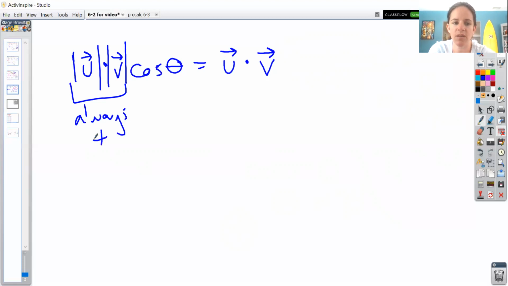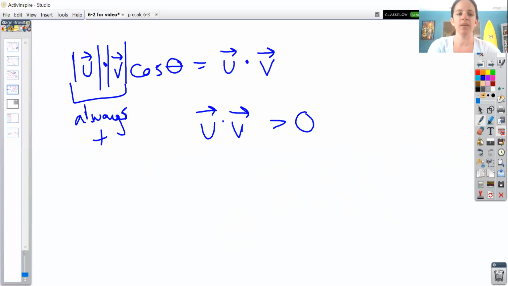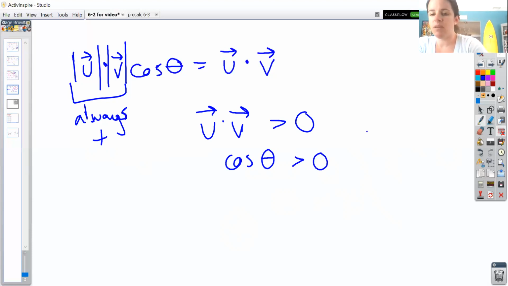So I can actually just look at the sign of the dot product, and that'll tell me some information about the angle. If u dot v is positive, then that must mean the cosine of theta is positive, which means we're looking for positive x values, which means that theta is acute.